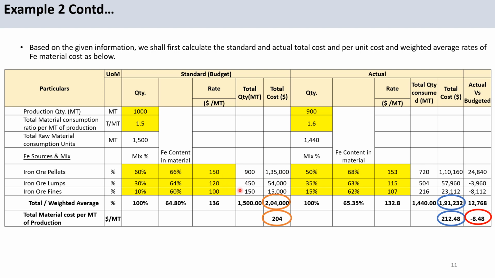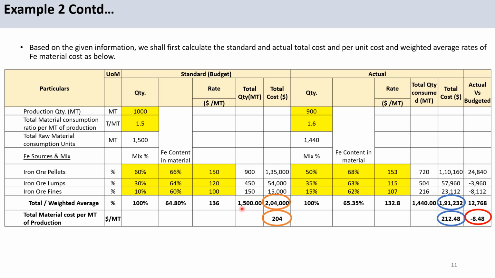Similarly for lumps, as per standard we should have consumed 450 metric tons, which is 1500 tons times 30%, at the rate of $120. So $54,000 worth of iron ore lumps. And similarly for fines, we calculate $15,000. So total cost would have been $204,000 for 1500 metric tons of raw material and 1000 tons of production.